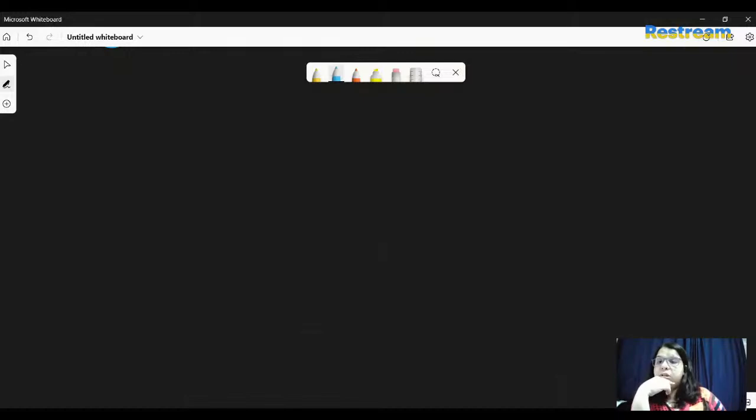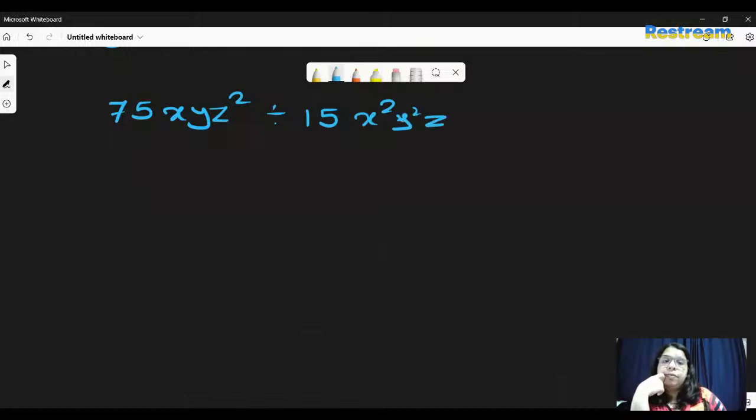Let's take this one: 75 x y z square divided by 15 x square y square z.